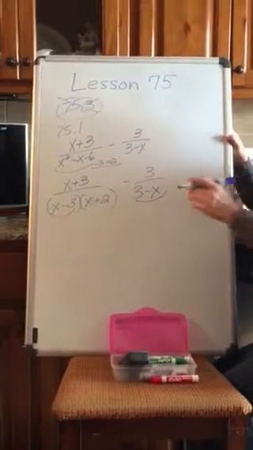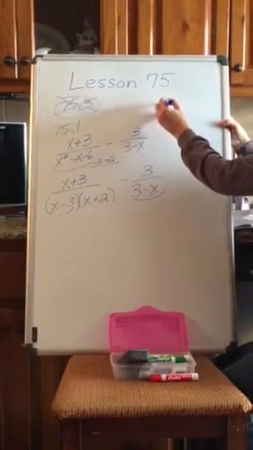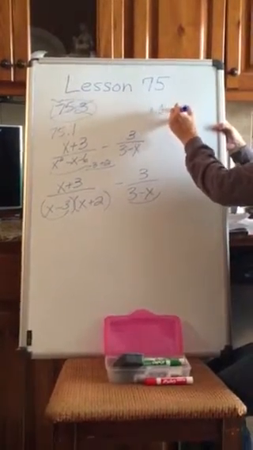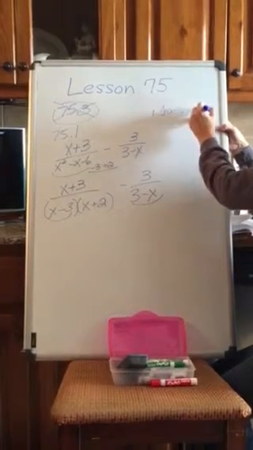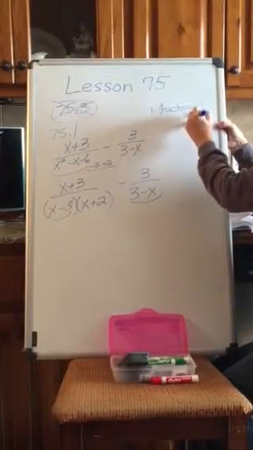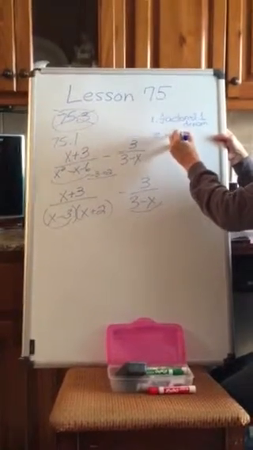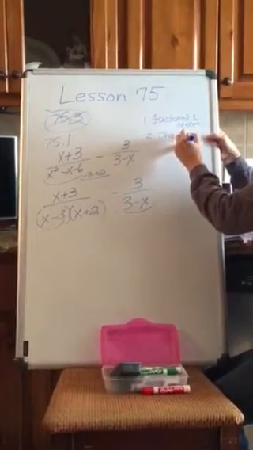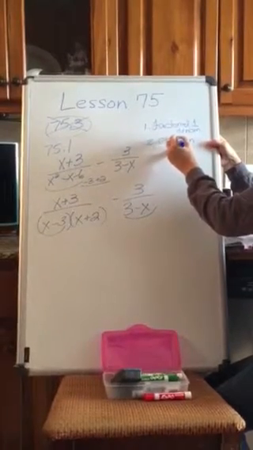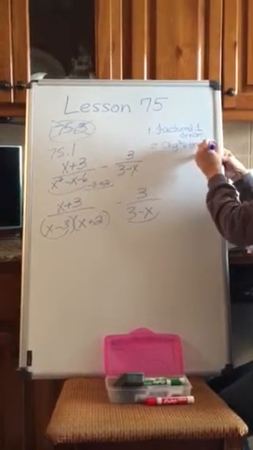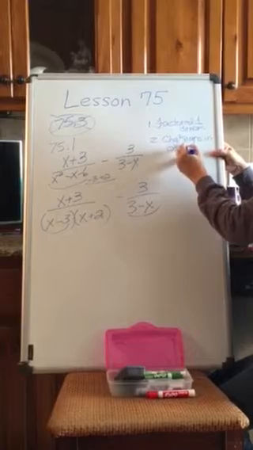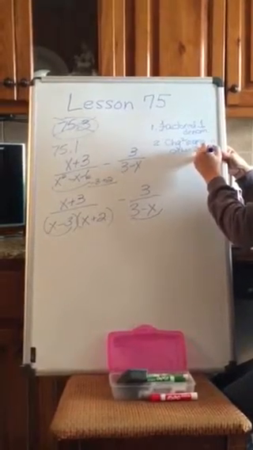So then my next step, first, what did I do? I factored that one denominator. Second, you're going to change two signs in the other denominator.